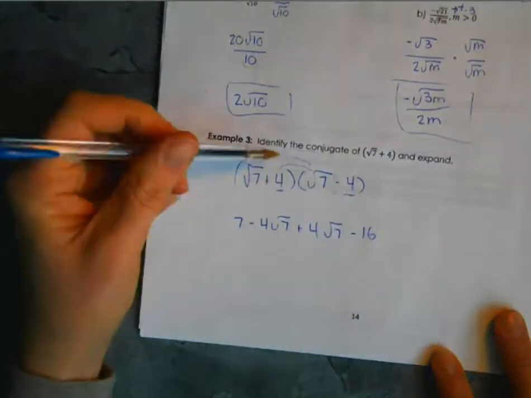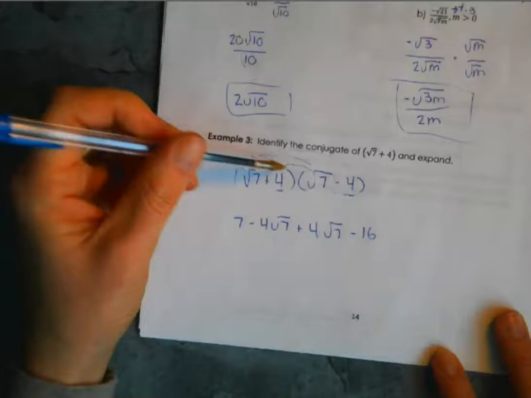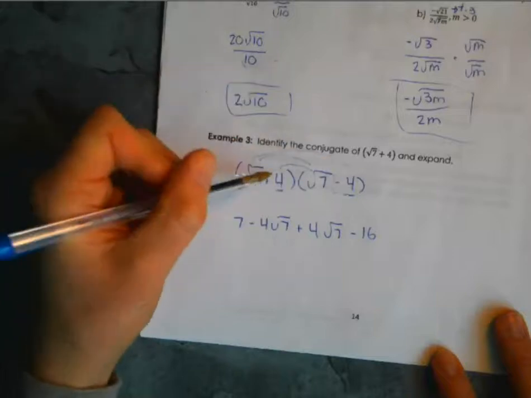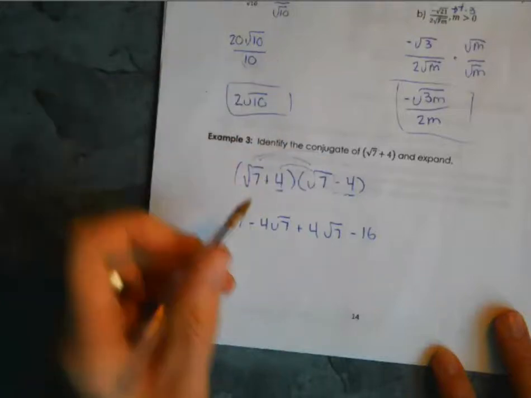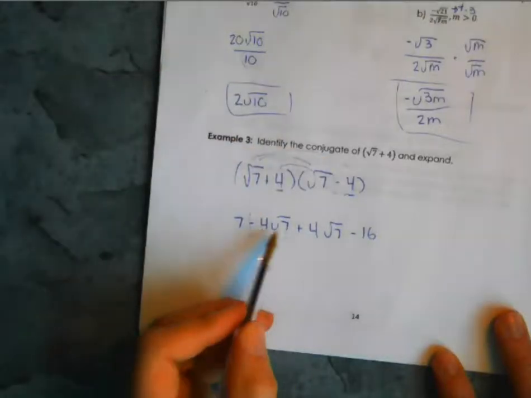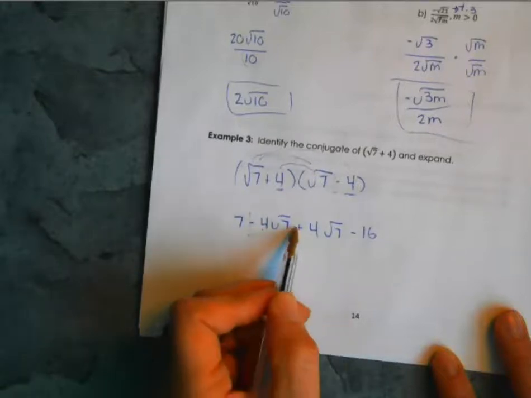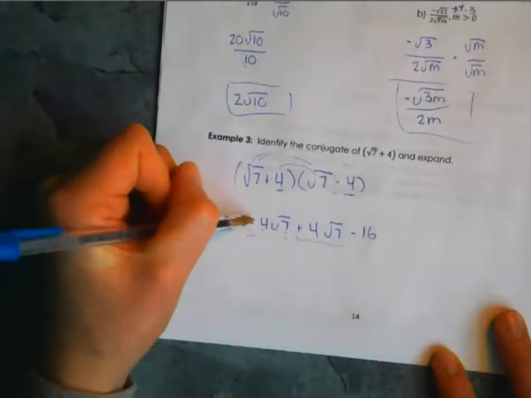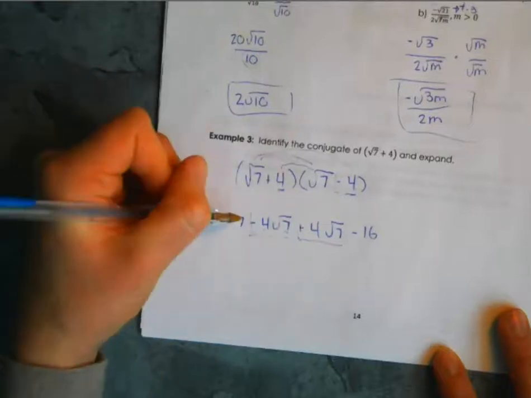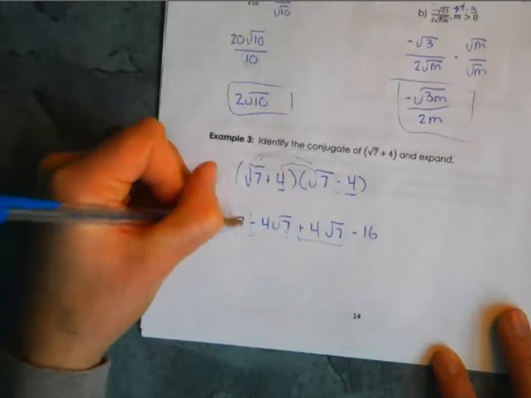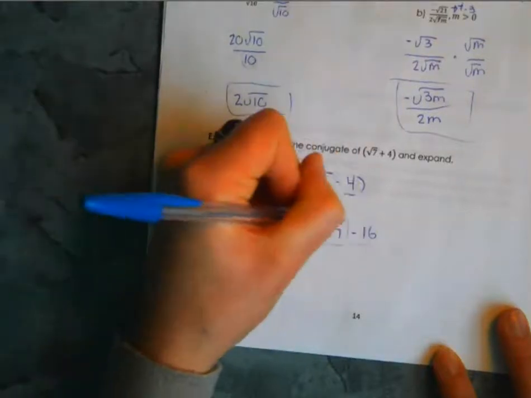And then what we can see here, whenever we multiply identical conjugates like this together, you're going to have negative of one coefficient together with its radical, and then positive, and so they're going to cancel out, right? Because negative 4 root 7 plus 4 root 7 is 0. So we end up with just our first term here and our last term here.